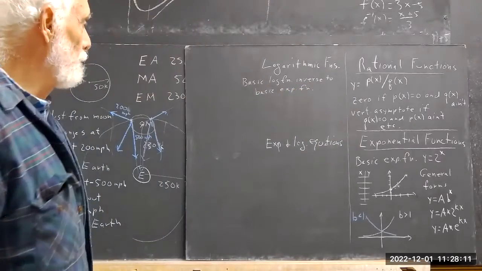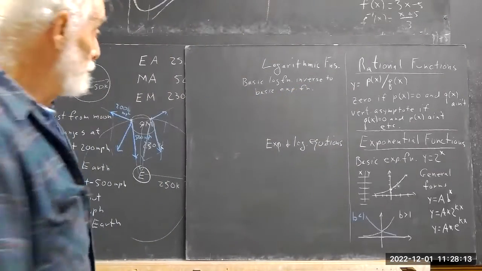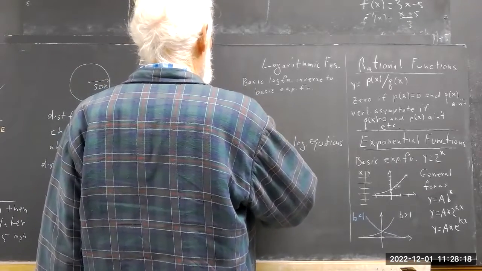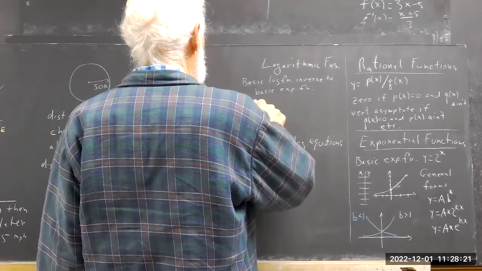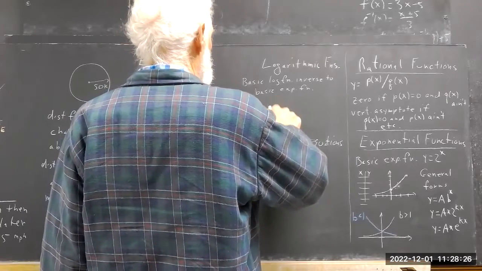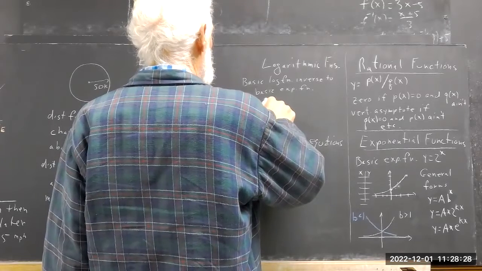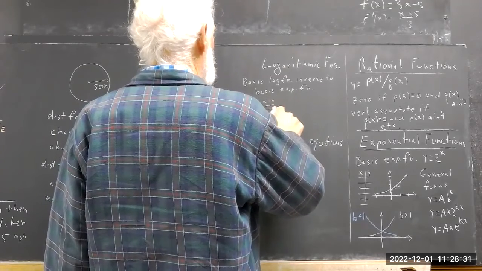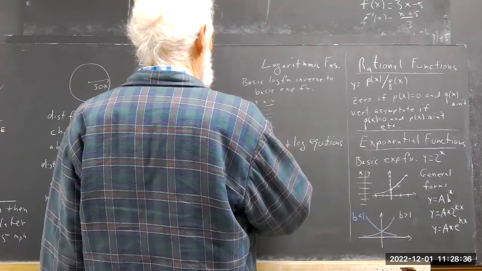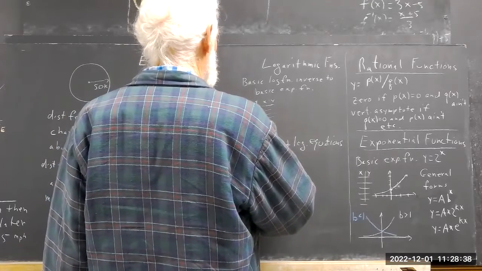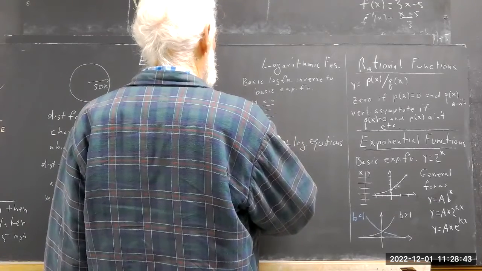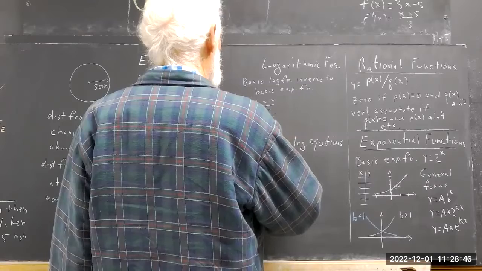Your basic logarithmic function is inverse to your basic exponential function, which means you have a table for the exponential function, and a table for the log function, where you switch columns.